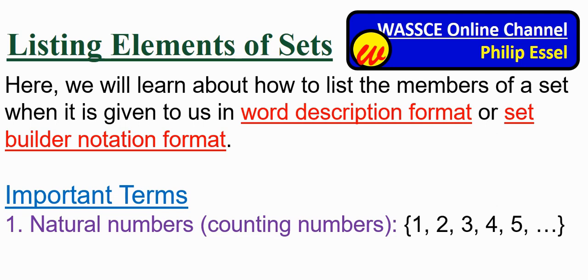To remember what counting numbers or natural numbers are, the easier way to do this is to think about how you count items. So for example, if I give you some apples and I ask you to count them, how do you count them? You do not start from 0. You always start counting from 1. So the same way, counting numbers or natural numbers always start from 1 to infinity. As simple as that.